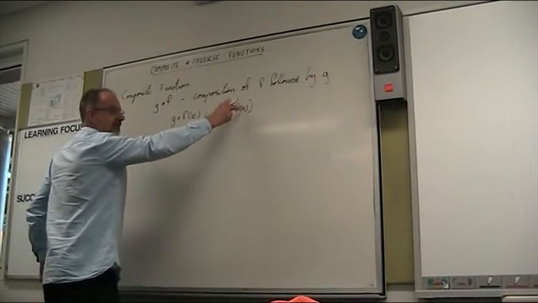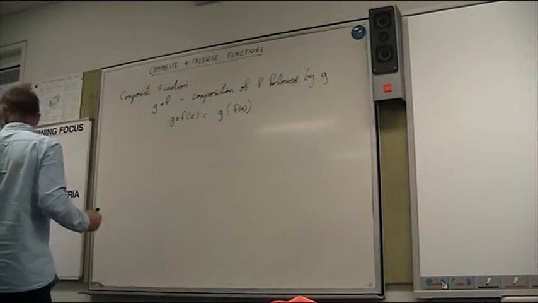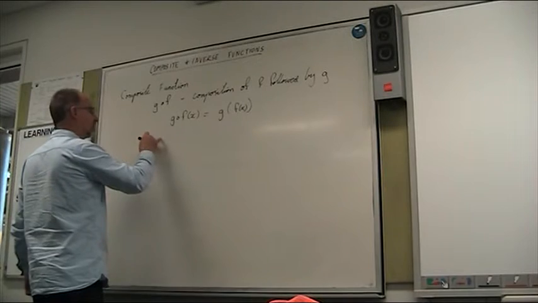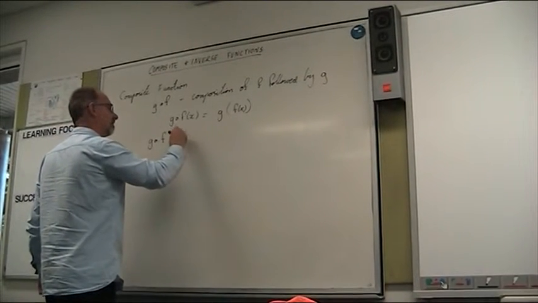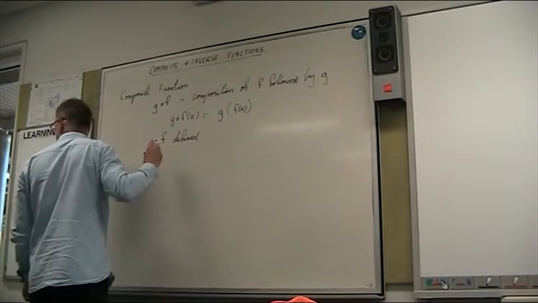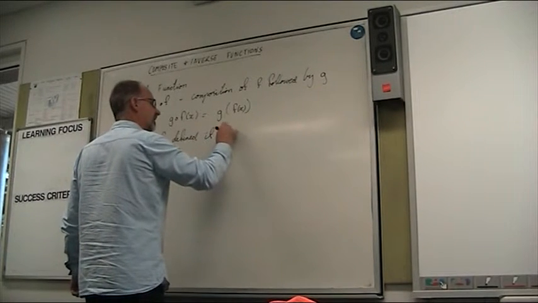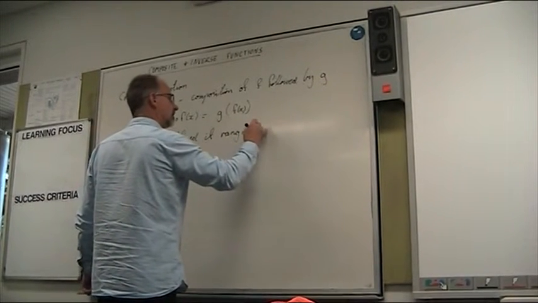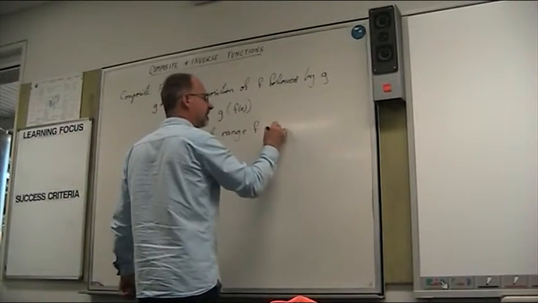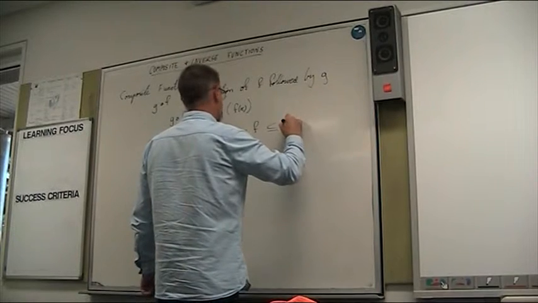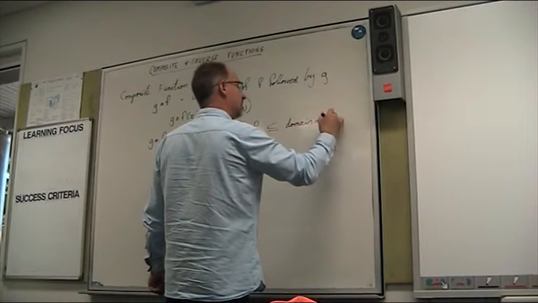The numbers you get for f, you have to actually be able to put into the g function. So, g∘f is defined if the range of f is a subset of or equal to the domain of g.